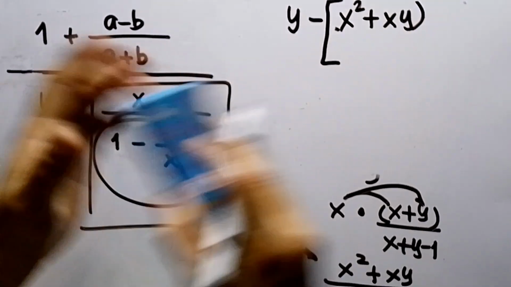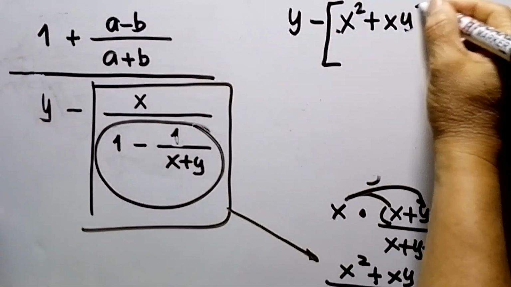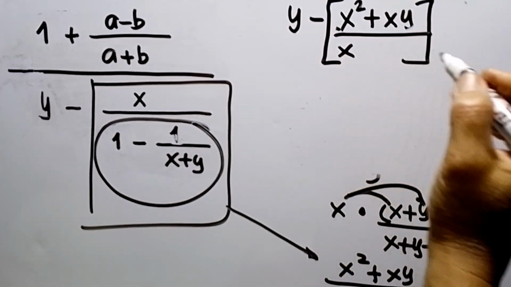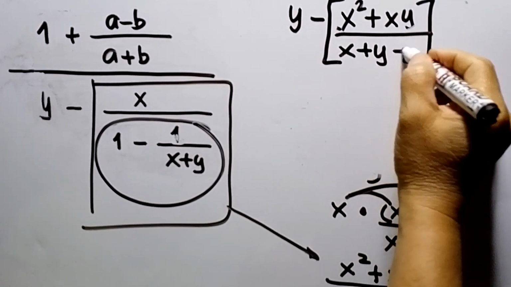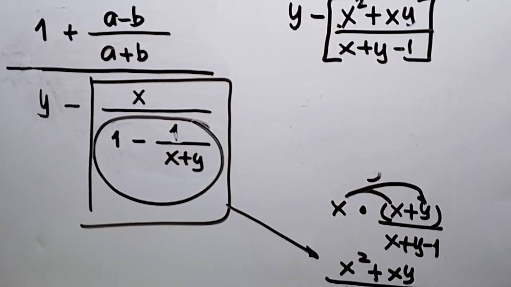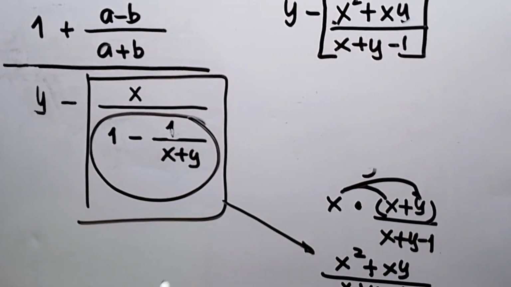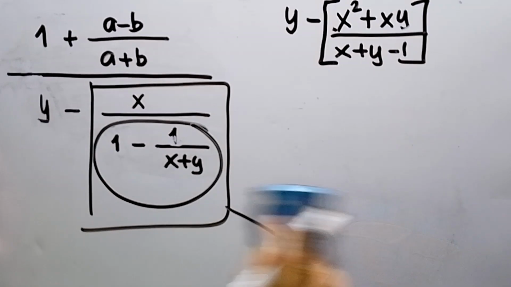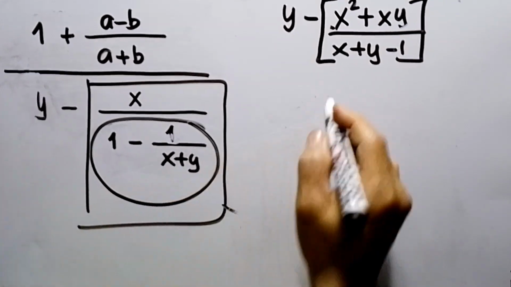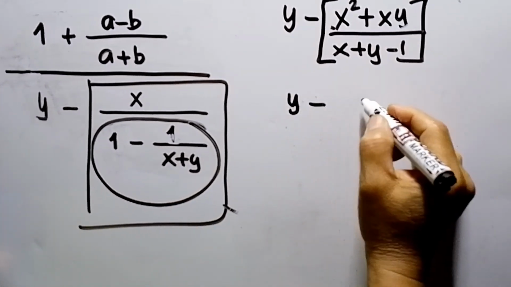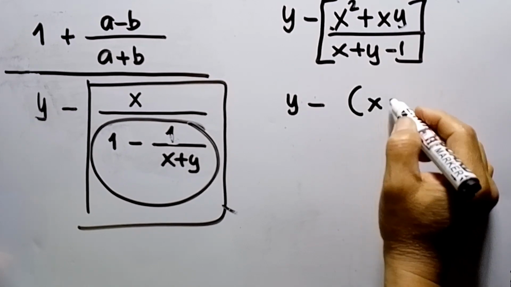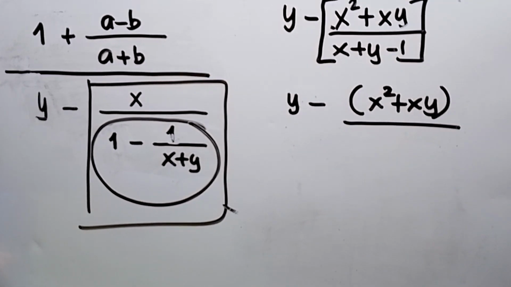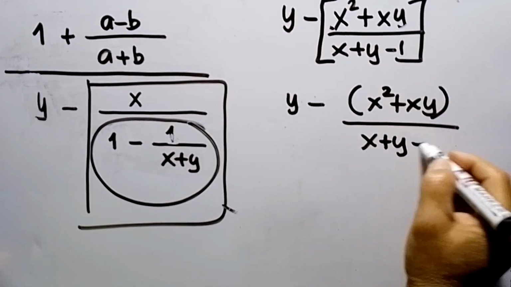Okay, this one, square brackets. Then this will be over x plus y minus 1. Okay, so this will be y minus x squared plus xy over x plus y minus 1.